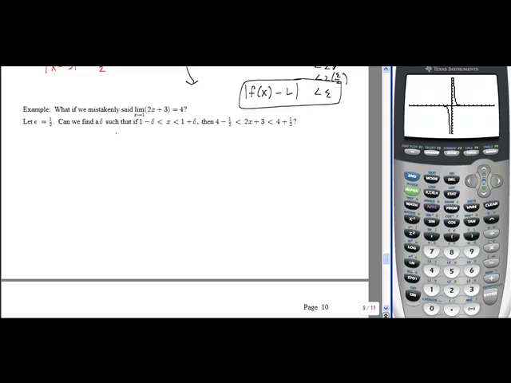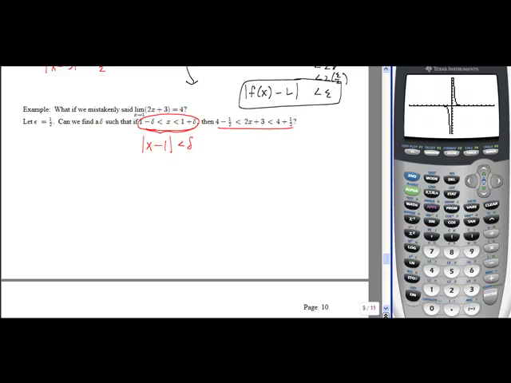The epsilon delta definition would say that x would need to be between 1 minus delta and 1 plus delta. And remember, this is the same as that absolute value notation: x minus a, and a here was 1, less than delta. So this is just another way of saying this absolute value statement right here.